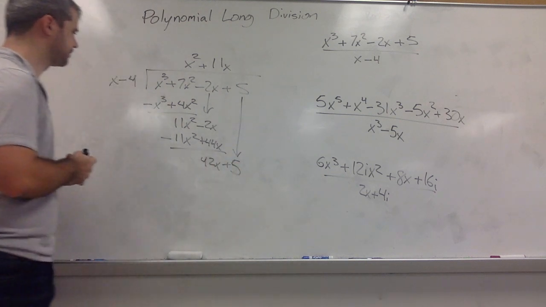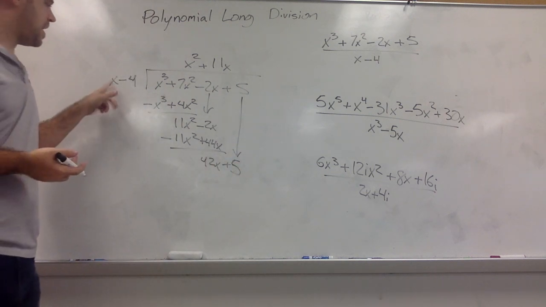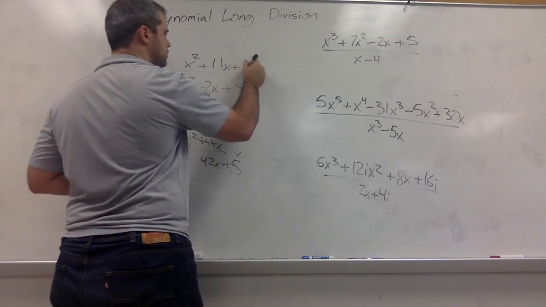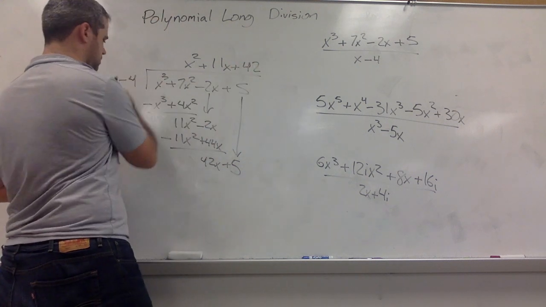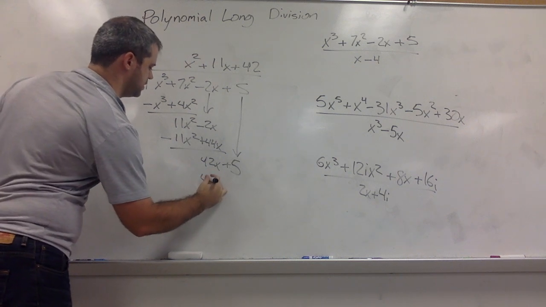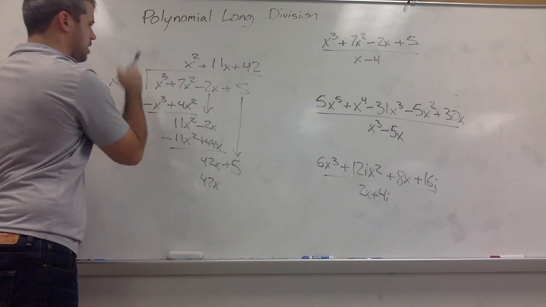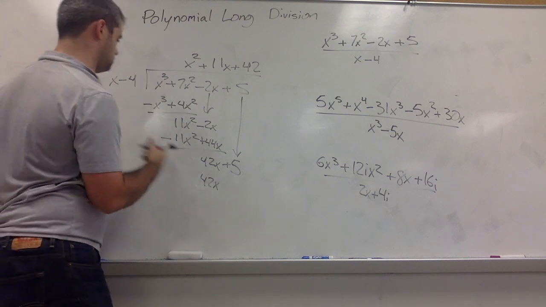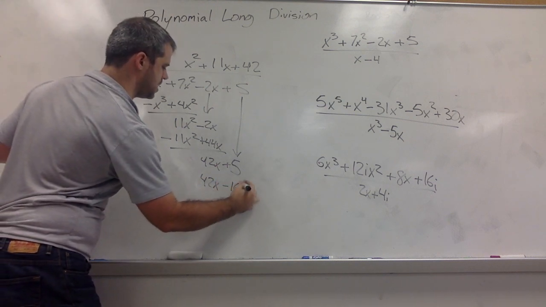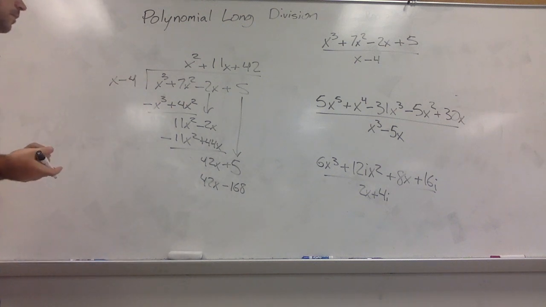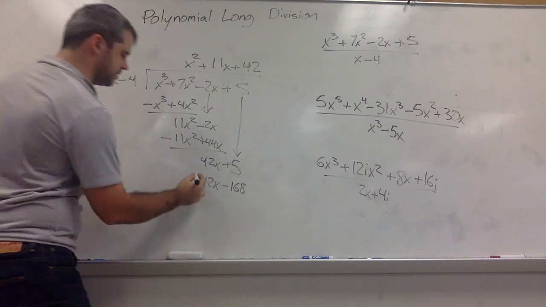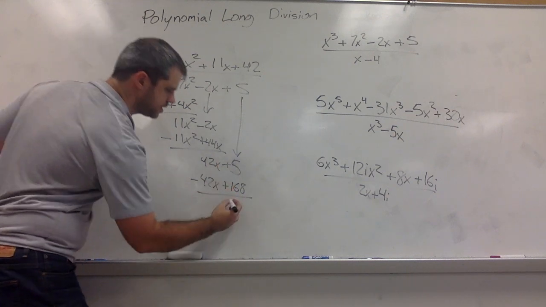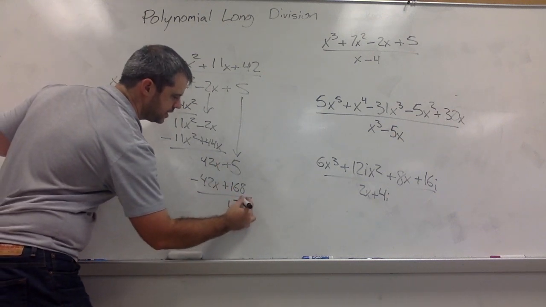Drop this down. x times what gets me 42x? Well, that would be 42. So I get 42x. What's that? 168. Negative 168. But we're subtracting this, so we switch those signs. So this is 0. This is 173.